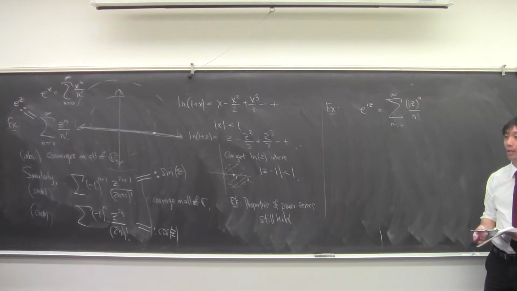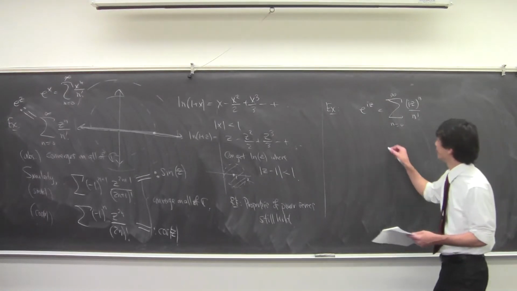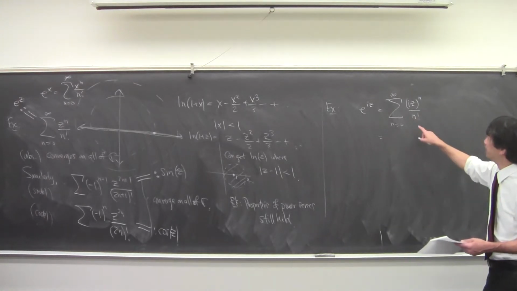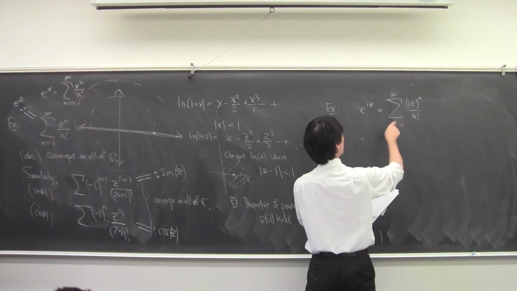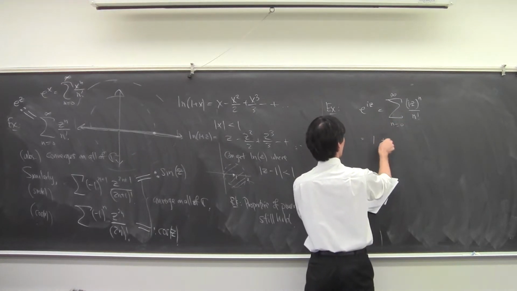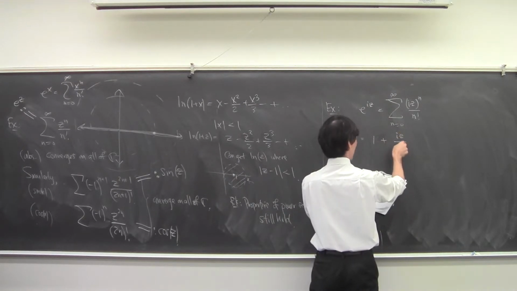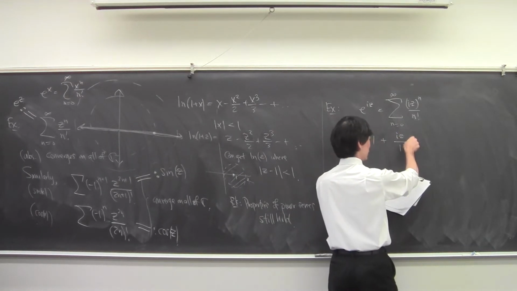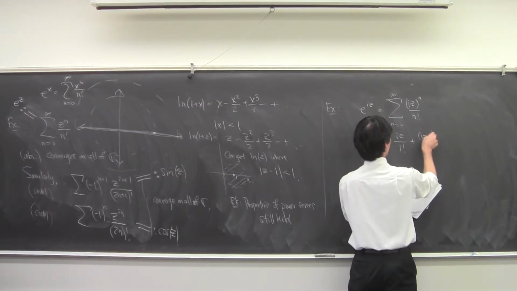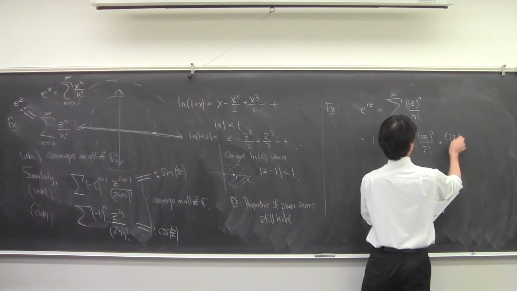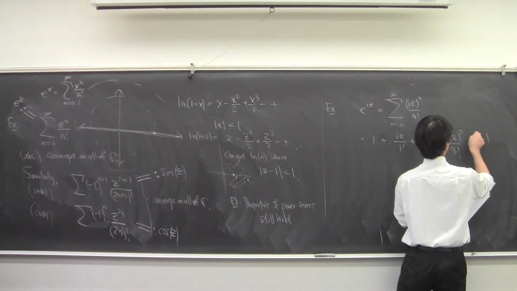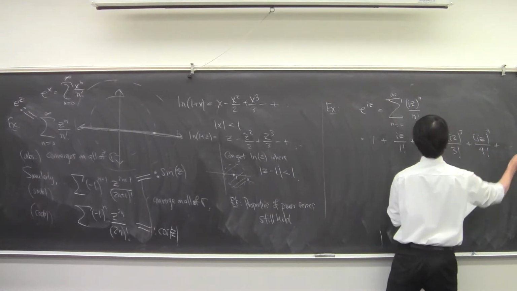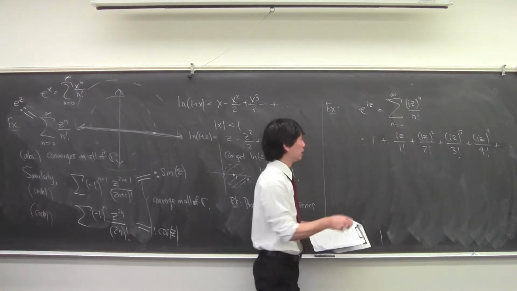If we work it out, you get iz to the 0 over 0 factorial, that's 1, plus iz to the 1 over 1 factorial, plus iz quantity squared over 2 factorial, plus iz cubed over 3 factorial, plus iz to the 4th over 4 factorial, etc.